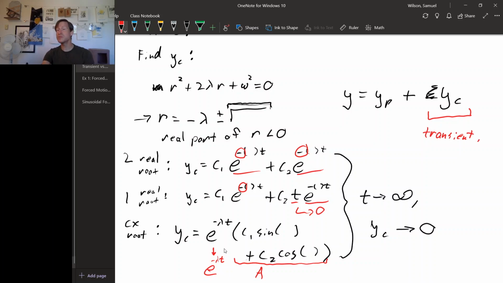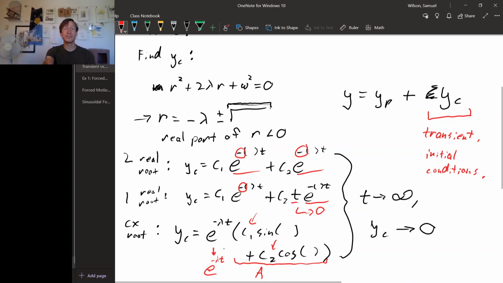And what determines the transient is, first of all, the system, but also, since the transient is the complementary solution, it has these unknown coefficients in it. And those coefficients are determined by the initial conditions. So the transient is determined by initial conditions together with the system.